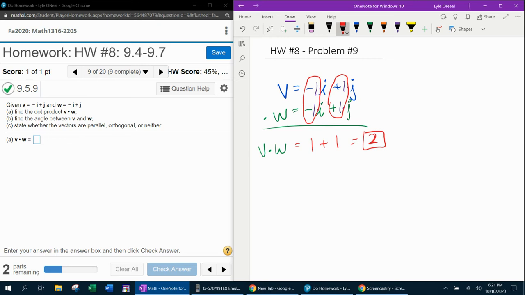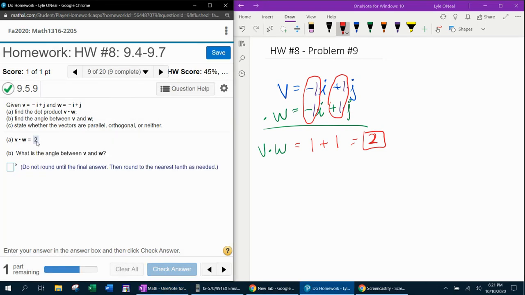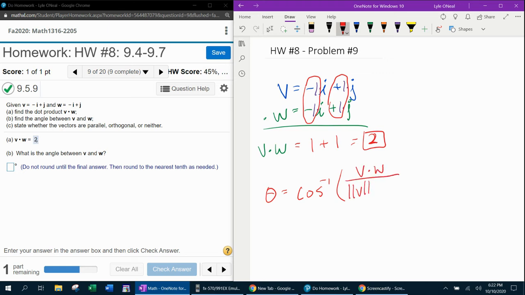And then the next step is to find the angle between the vectors. So let's see if I'm right on the dot product. Okay. Now, to find the angle between the two vectors, we have a formula that says theta is the inverse cosine of the dot product divided by the magnitudes multiplied.